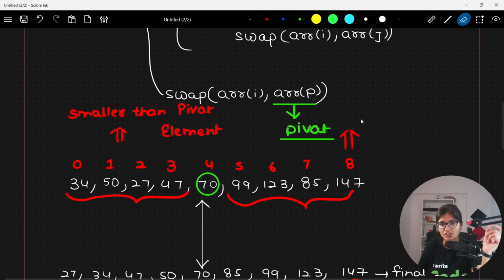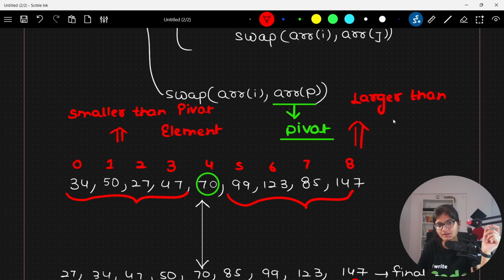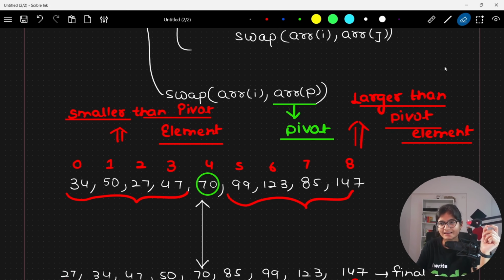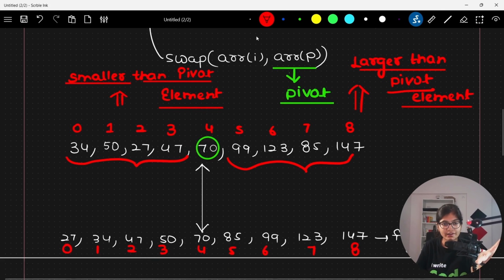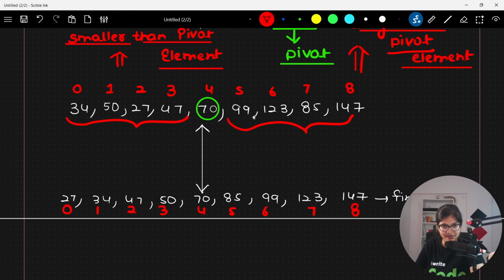These are the elements which are larger than the pivot element. That is the key thing here. So the elements on the left side will be less than the pivot element, and the elements on the right side will be greater than the pivot element.